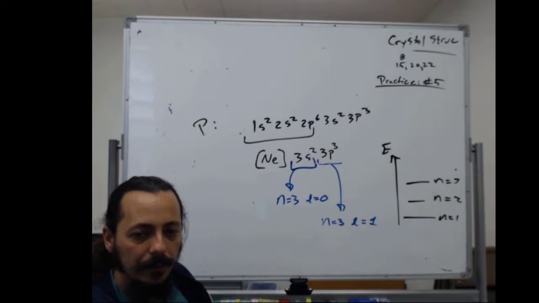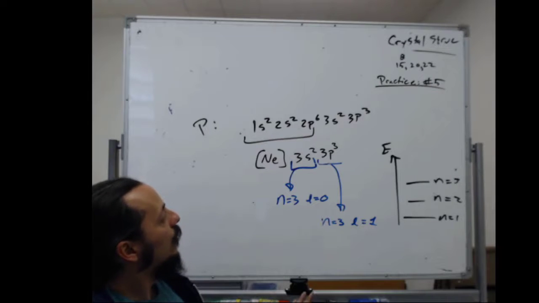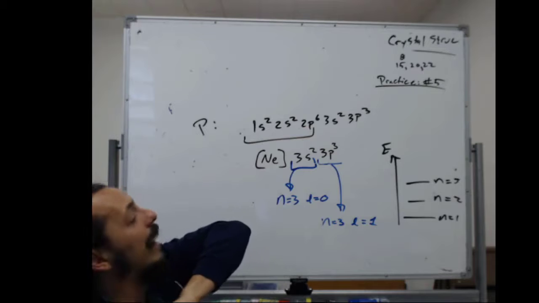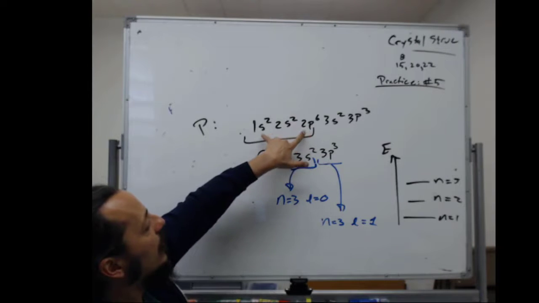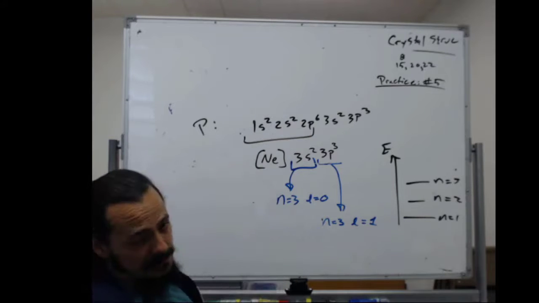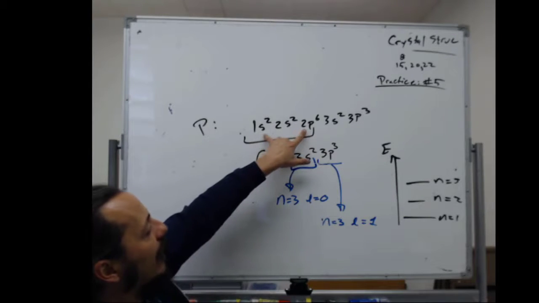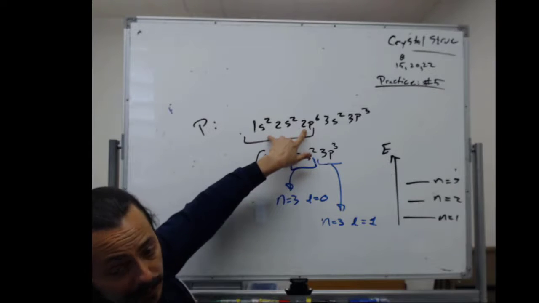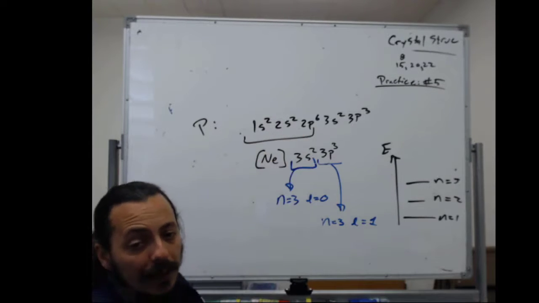And so are the core electrons counted all the way up to the next noble gas? This is a different kind of question. There's also some debate about this. I think it's okay to say the core electrons are everything that's the previous noble gas, so everything back to that closed shell.